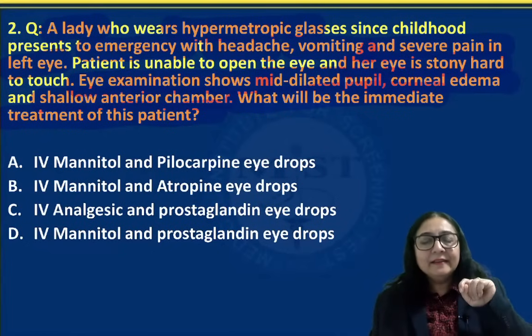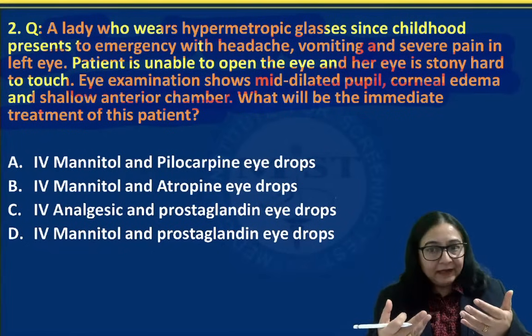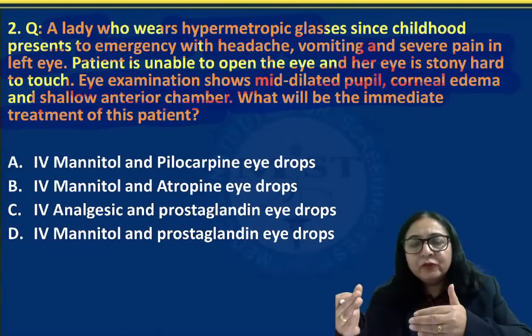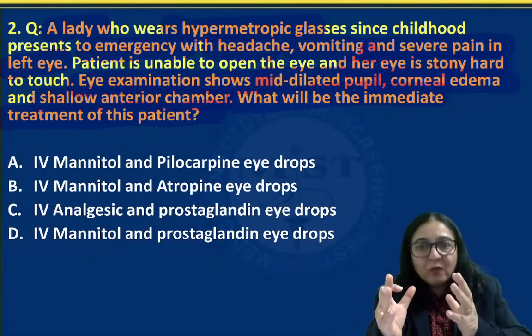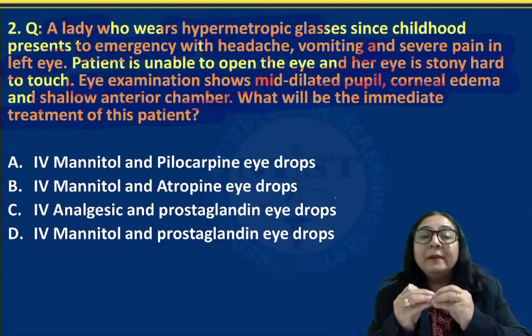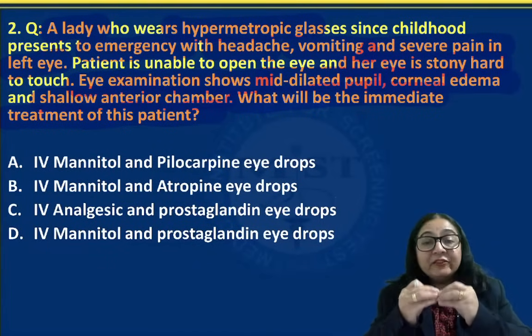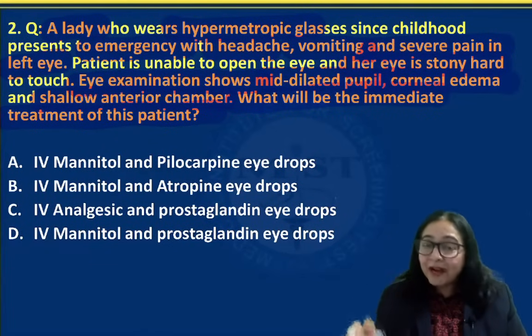Then the second thing is you want to reverse the attack of the angle closure. The attack of the angle closure happened due to what? Because of the pupil dilation. So you want to reverse this pupil block. So you want to constrict the pupil. And which is the drug which will cause constriction of the pupil? Pilocarpine. Okay.